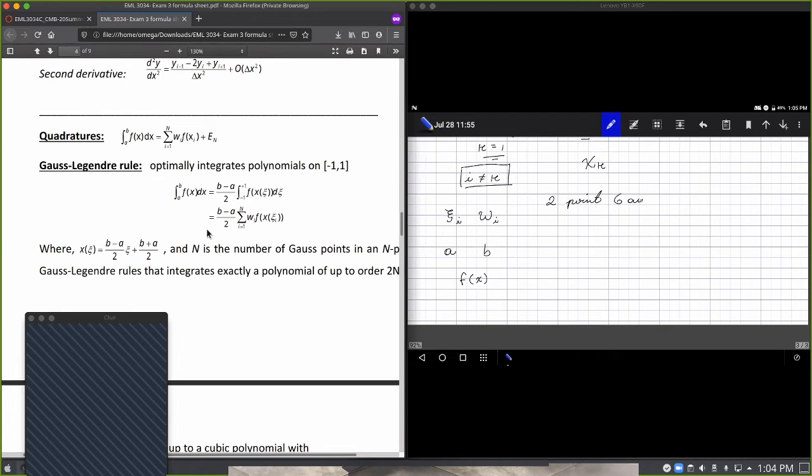I will take my first value of psi and find my first x, and this x will be b minus a divided by 2, multiplied by the first psi value, plus b plus a divided by 2.